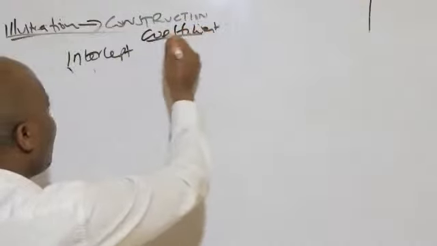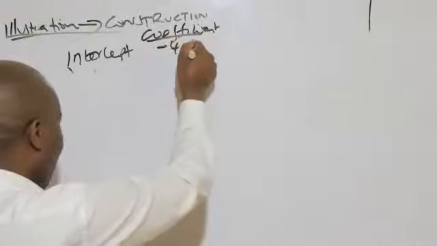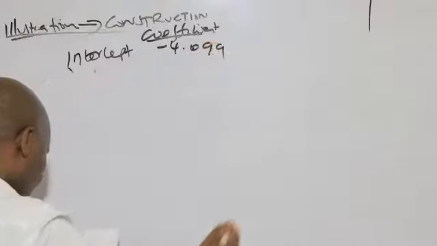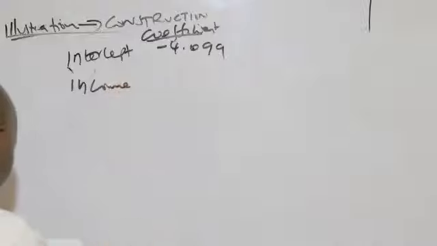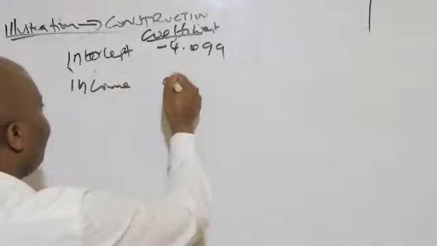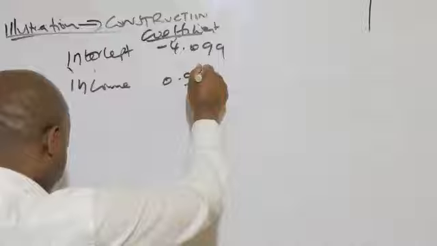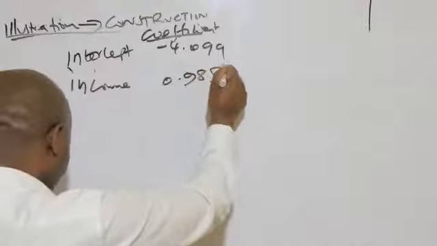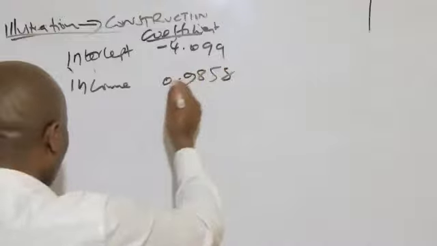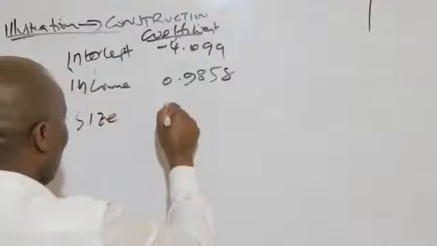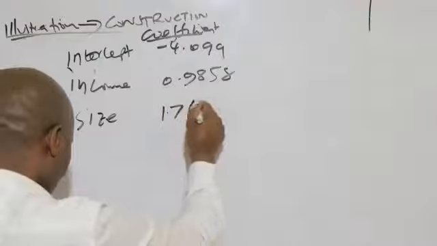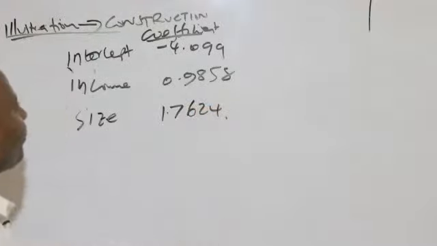The coefficient here is minus 4.09. The coefficient of income they have given me is 0.9858. And then we have the size, 1.7624. So they want me to do something very easy, to give them a regression equation.